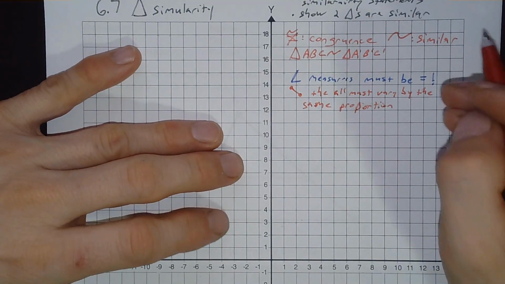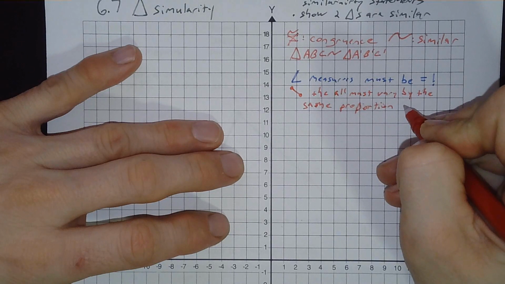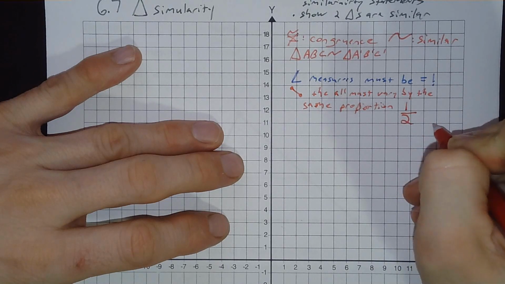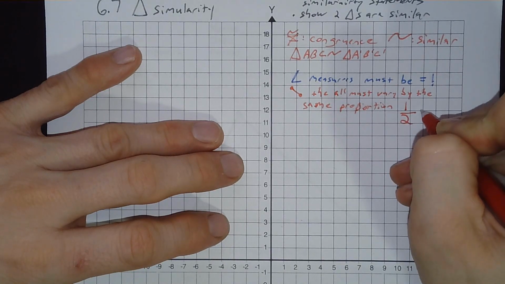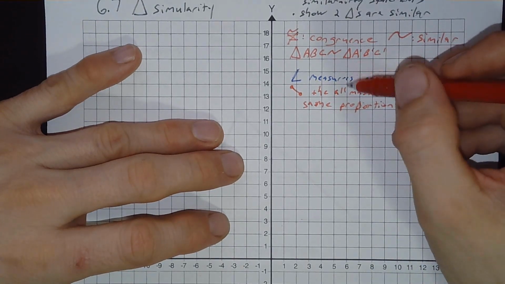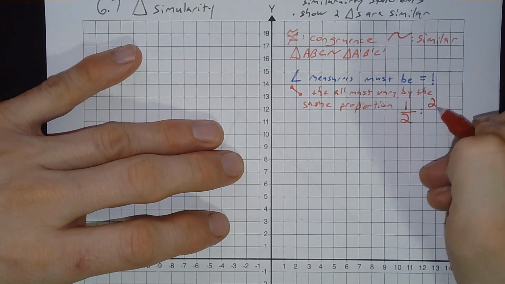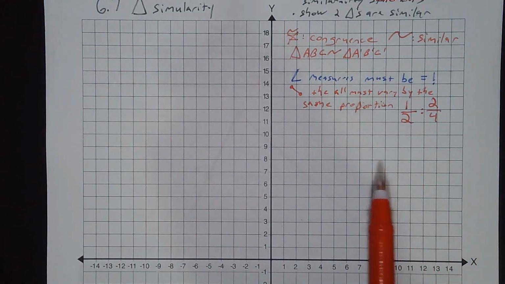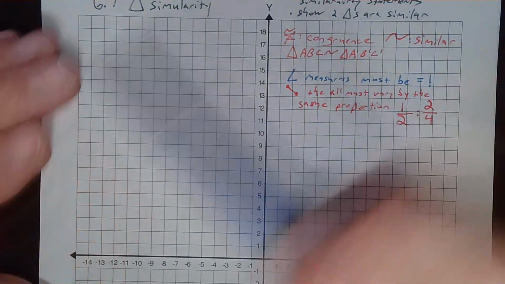So say one line segment is one block over and 2 blocks up, which has a slope of 1/2. The longer one would have to be 2 blocks up for 4 blocks over. Let's show an example over here, in quadrant 1.